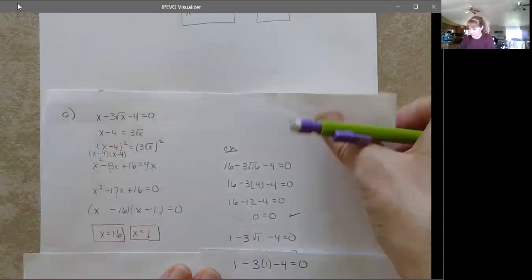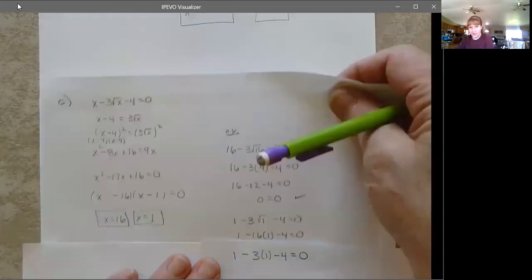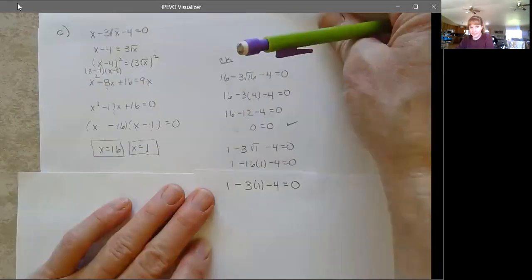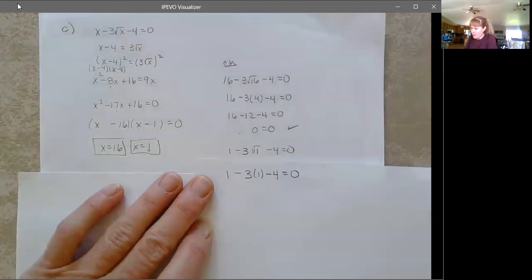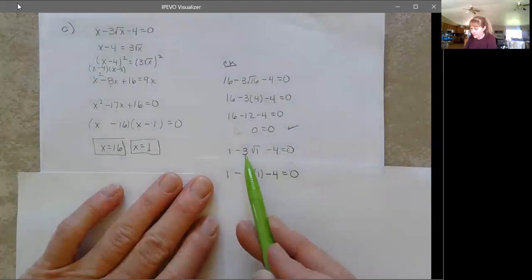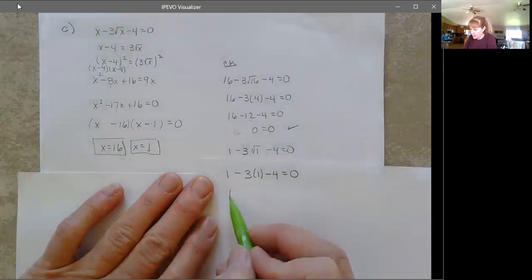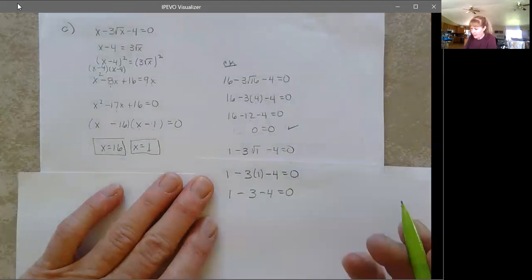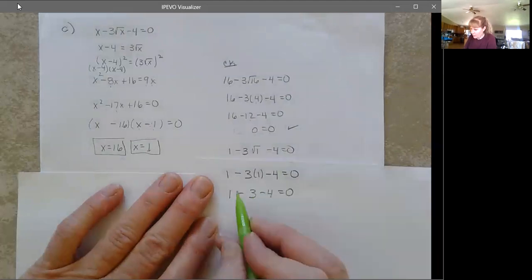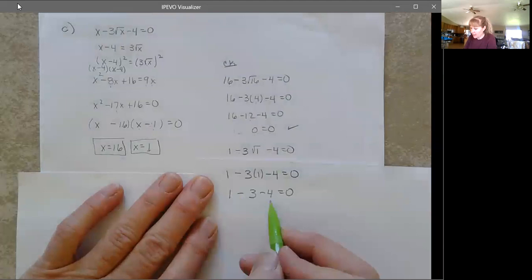And doing this further, 1 minus 3 times the square root of 1, which is 1. Make sure you multiply. So we have 1 minus 3 minus 4 gives you a minus 6, which does not equal 0.